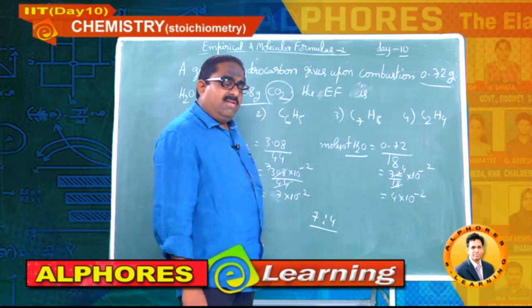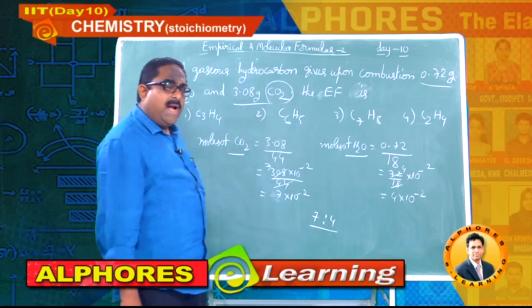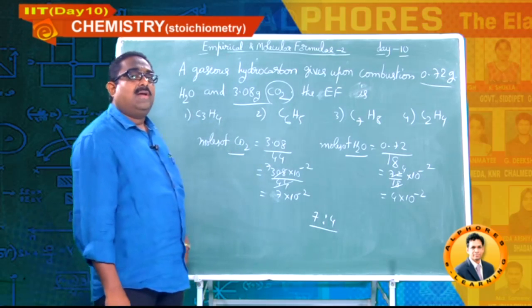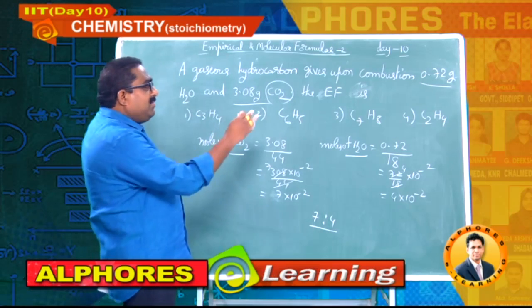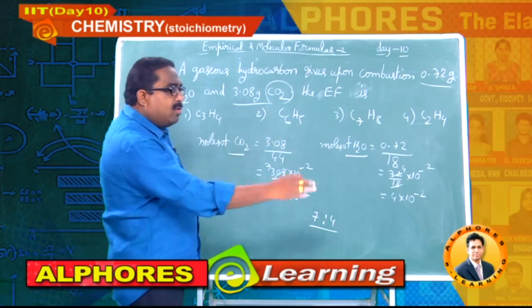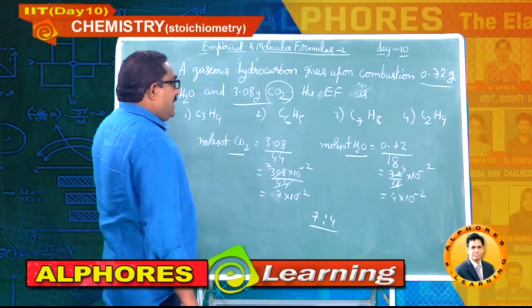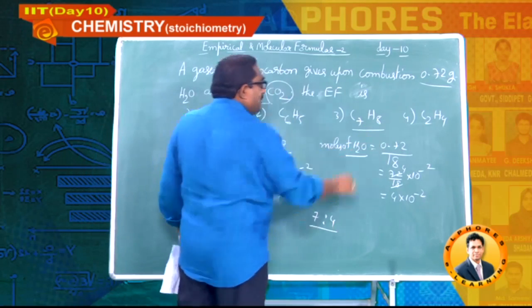In the previous session, I explained how to write the combustion reaction for a hydrocarbon. All the carbon will go in the form of CO2 and all the hydrogen will go in the form of H2O. Here, the 7 carbons compound is only one, this one.